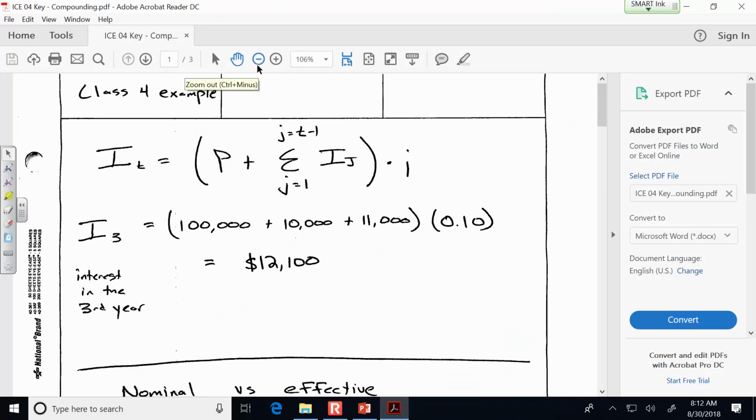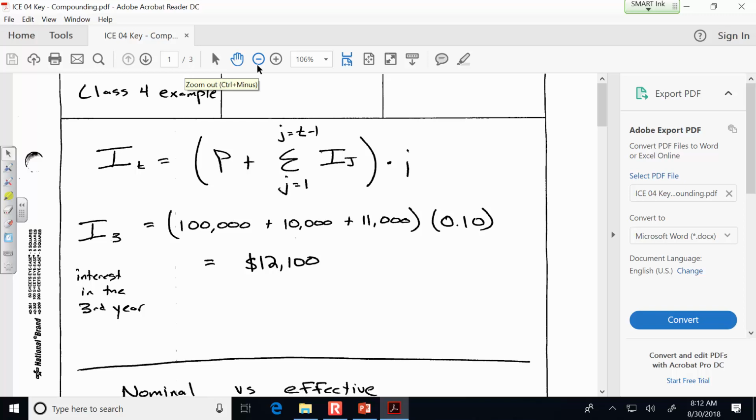All right, so the formula was I sub t is P plus the summation of j equals 1 to t minus 1 of I sub j times i, the interest rate.